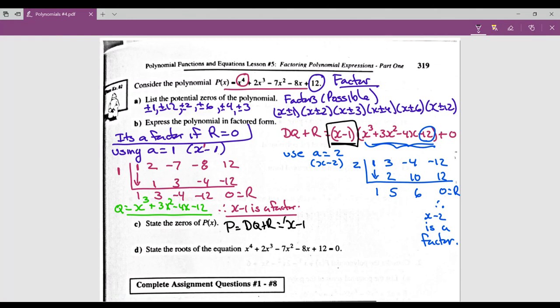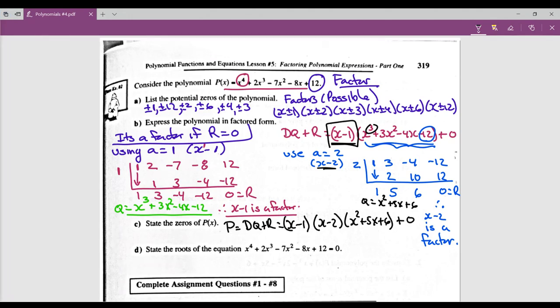So, the x minus 1 is there. We used x minus 2. Our new quotient is going to be x squared plus 5x plus 6, because we went from a third degree down to a second degree. X squared plus 5x plus 6 plus a remainder, which is 0.